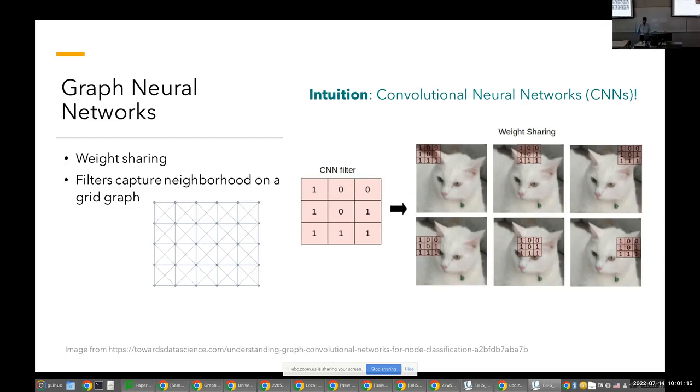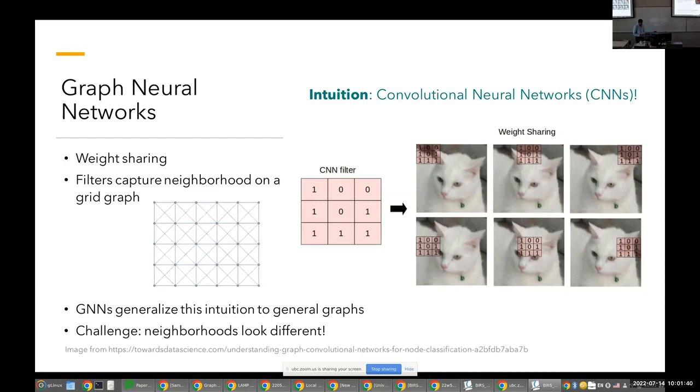One way to view this is that the filter is essentially aggregating pixels according to a neighborhood on a certain graph. In this case, you have a grid of pixels, so it's just a grid graph, and you're aggregating all the neighboring vertices according to the edges in this graph. GNNs essentially formalize this intuition to general graphs.